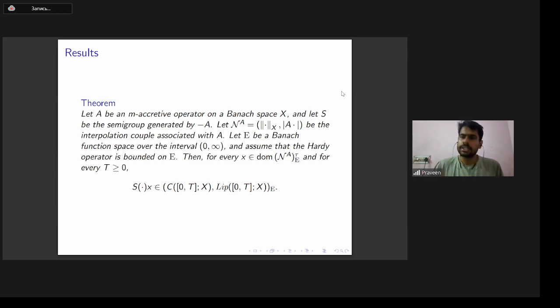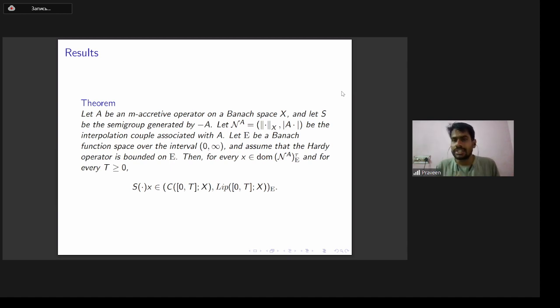And in the reverse, if the initial value is in the domain of A closure and the right hand side is in the L1 space, then the solution is continuous. So the question is what will happen if the initial values and the right hand side f lie in those interpolation spaces. So does the solution also lie in the interpolation space or not? The answer is yes, it does.